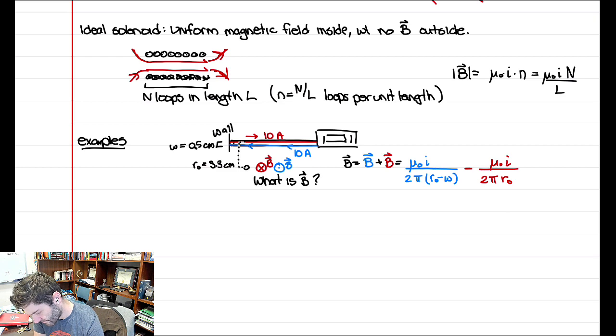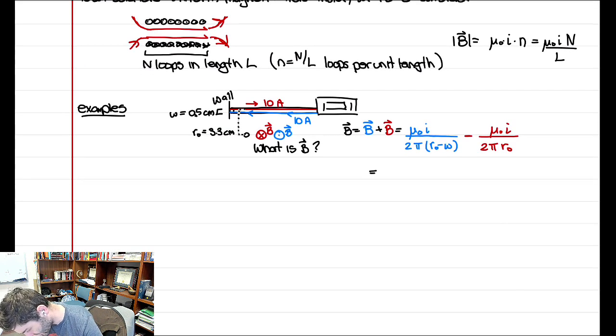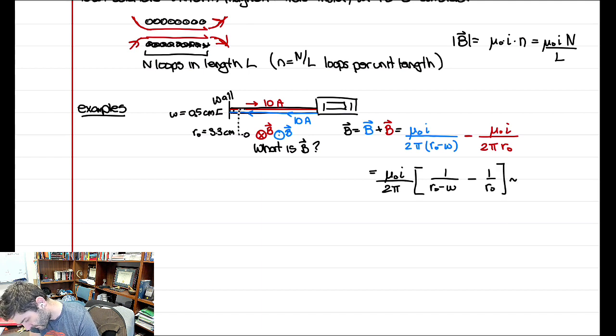That's not too bad. I could factor a bunch of stuff out to make my life easier, right? So I factor out mu naught, I, and 2 pi, and what's left is 1 divided by R naught minus W, minus 1 over R naught. Then making sure I convert to meters, R naught would be 0.033, and then W would be 0.005.